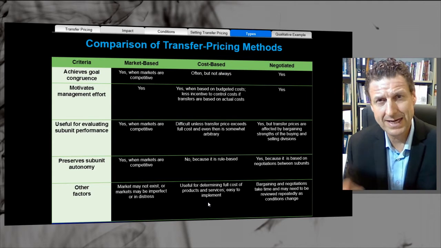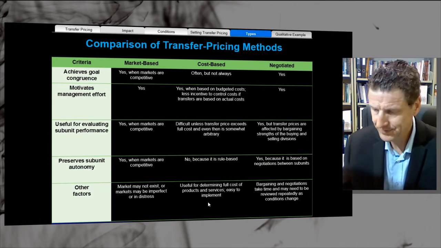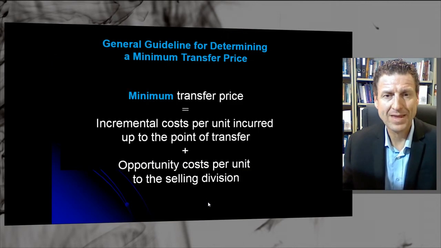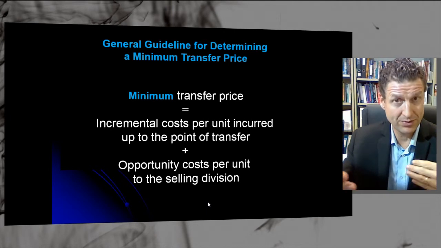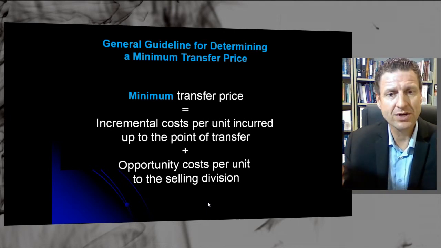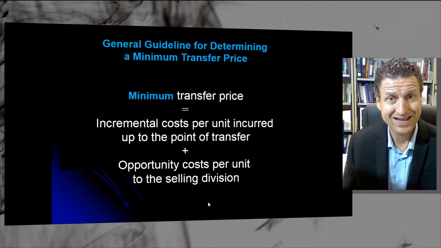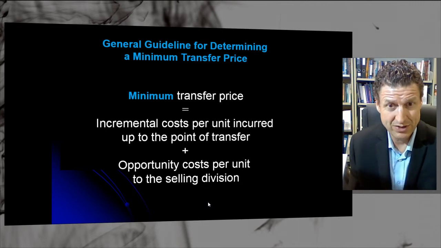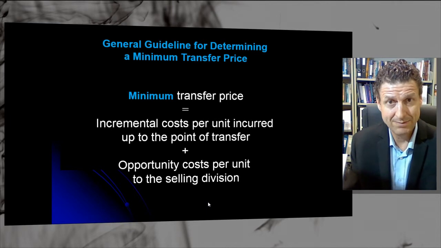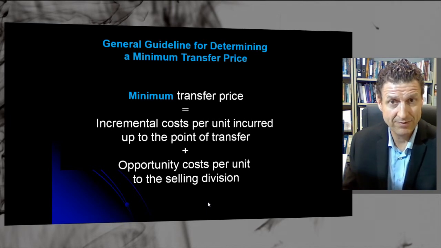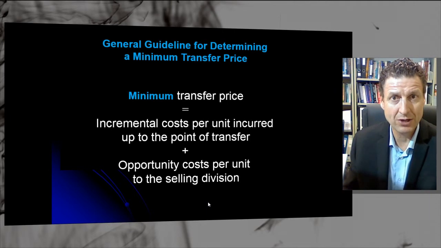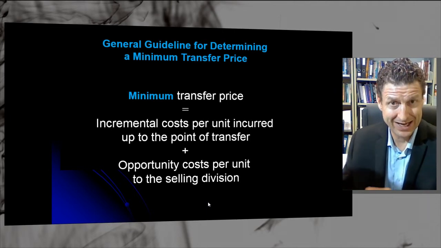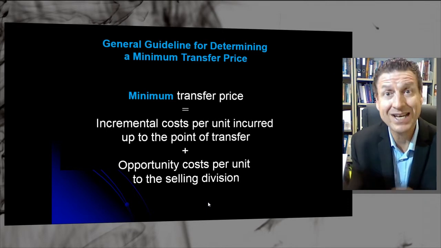Let's get into some of the mechanics of calculating a transfer price. So the minimum transfer price should be incremental costs per unit incurred up to the point of transfer, normally variable costs, plus the opportunity cost per unit to the selling division. That is one definition. Another definition may be the variable costs plus the opportunity costs associated with lost contribution margin, especially if that division doesn't have excess capacity and has to forego sales externally in order to transfer those units internally.